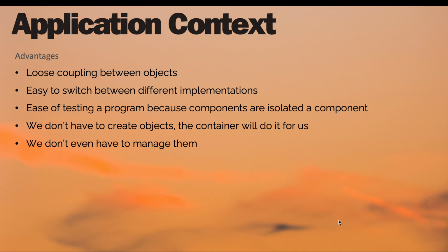The most important thing with the mock is that you can also control its behavior, how it should behave. So we give a fake object, a mock, because it's isolated, and we give it the objects it actually requires. We also don't have to create those objects ourselves. The container will do that for us. And we don't even have to manage those objects ourselves.